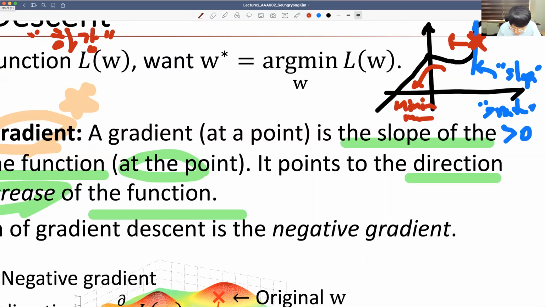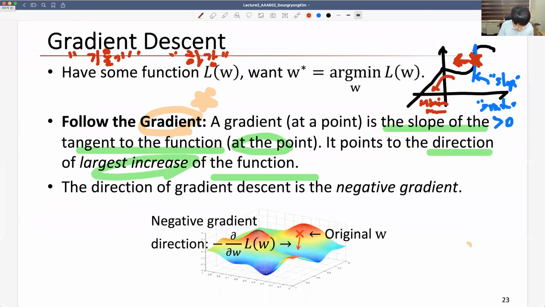So at this point we have to move in this direction, right? So the direction of our moving is the reverse of the sign of the gradient. In other words, the direction of gradient descent is the negative gradient.